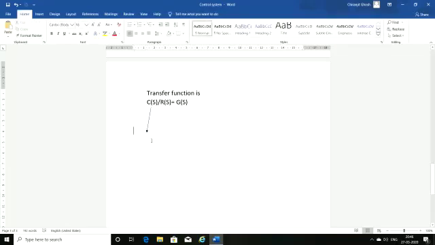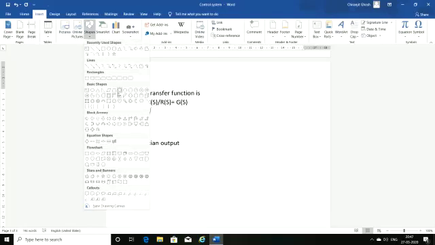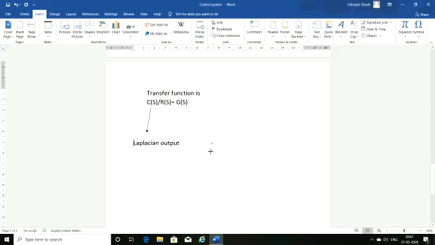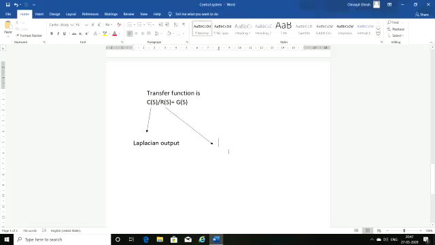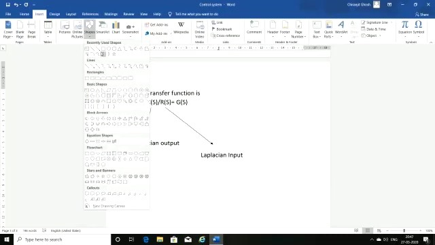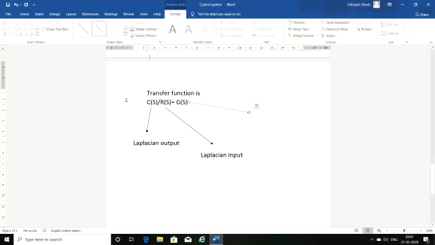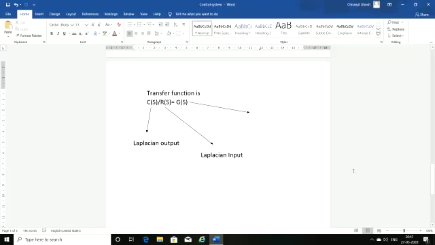This C(s) is the Laplacian output, this R(s) is the Laplacian input, and this G(s) is the gain.